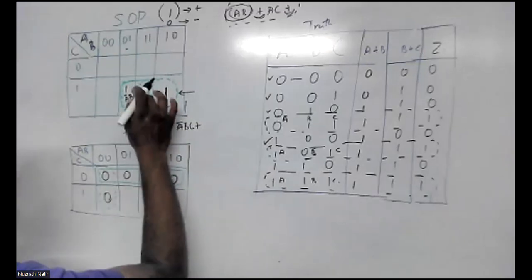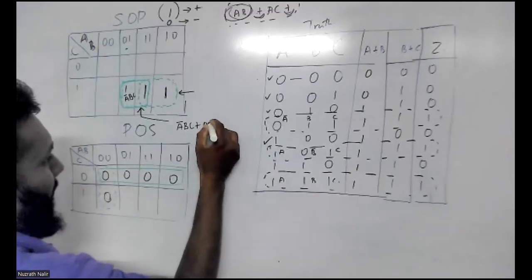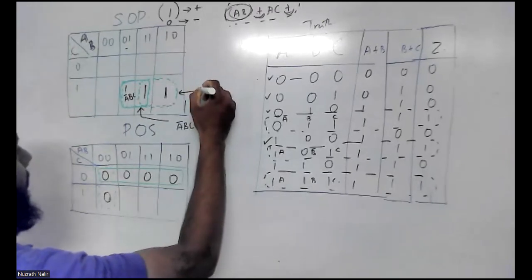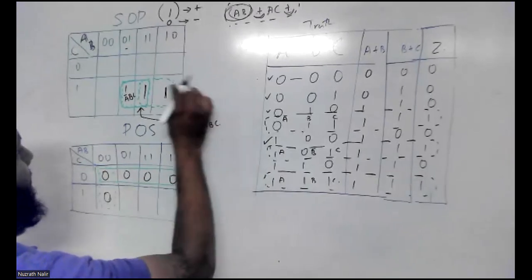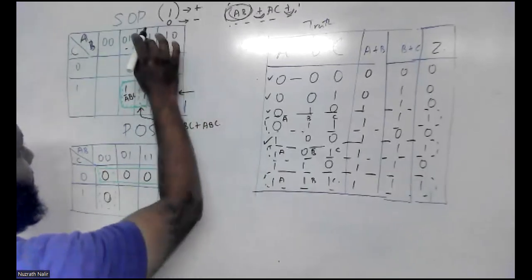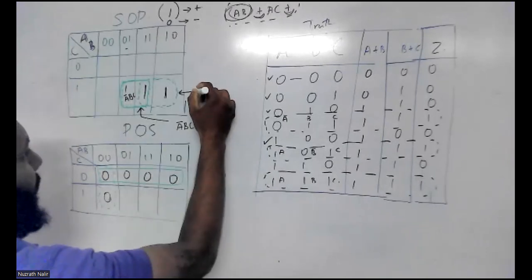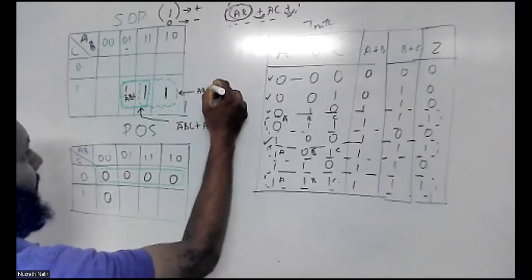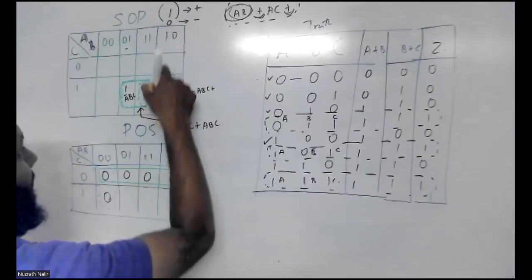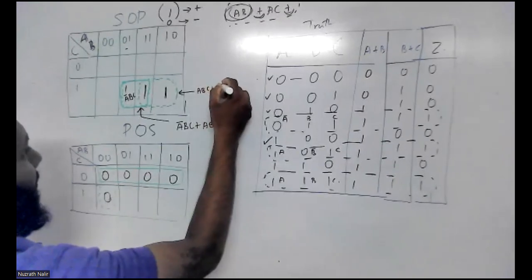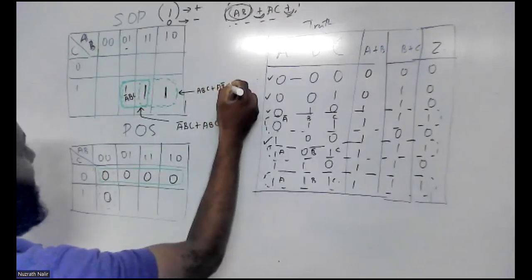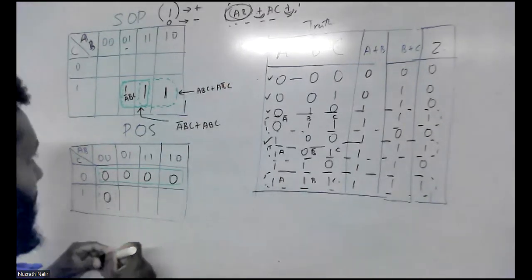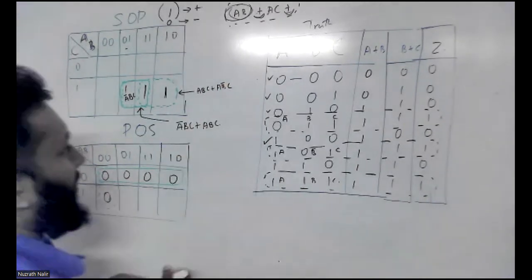So next combination, your A, B, C. So in here, you can write it down 1, 1, 1. So A, B, C plus A, B bar, C. Okay, so this is your combination.